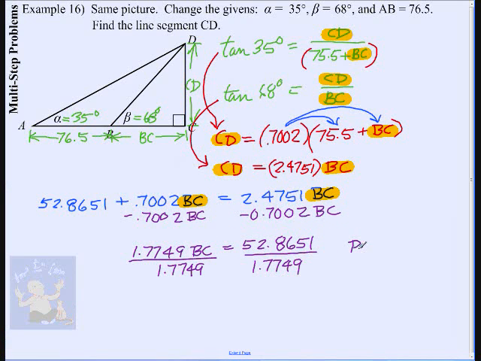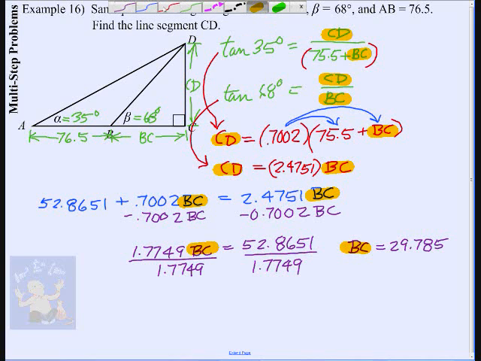So BC equals 29.78. There's the variable I was looking for, BC.